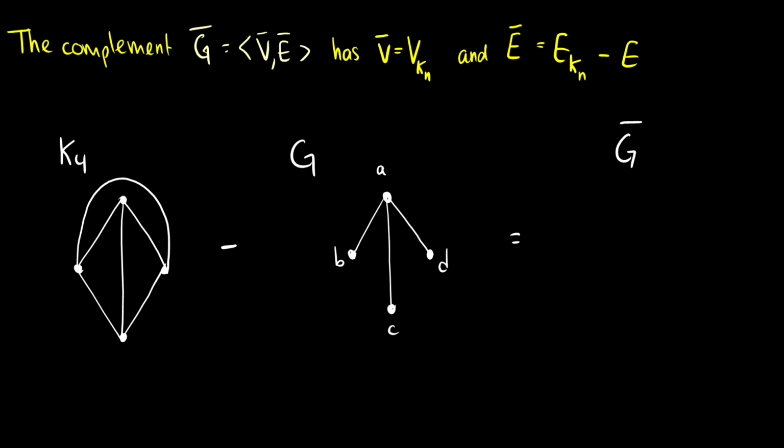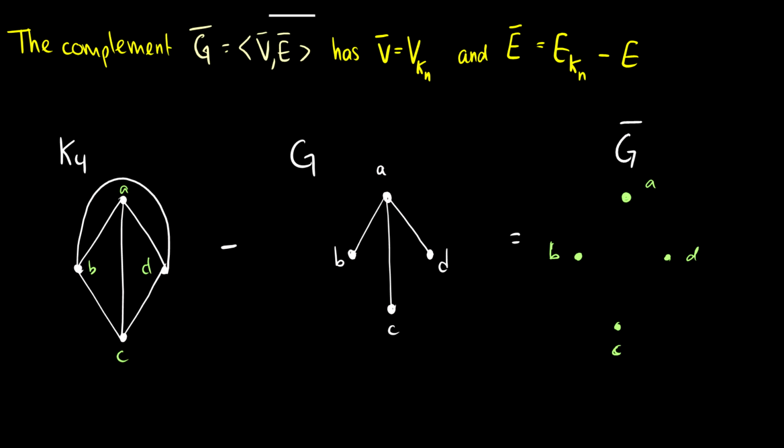It's the graph we just did on the other page, just shaped as a diamond. So each vertex is connected to all other vertices. And here's our graph G. So I should probably label these A, B, D, and C. So in G bar, we keep the same vertices. So we have A, B, C, and D.